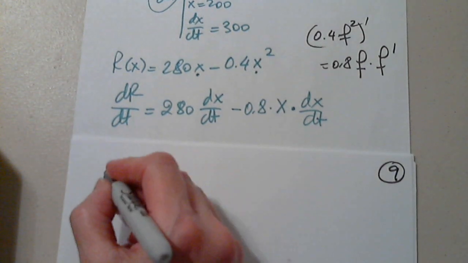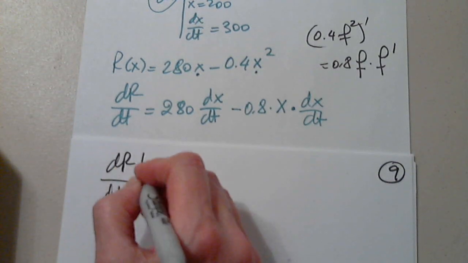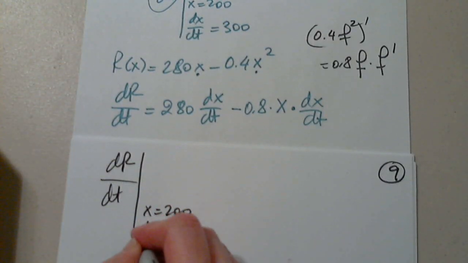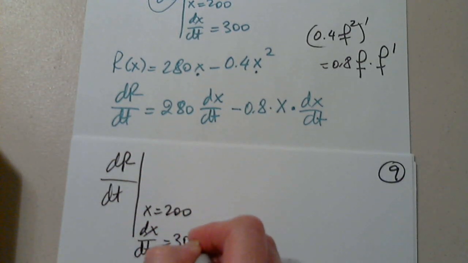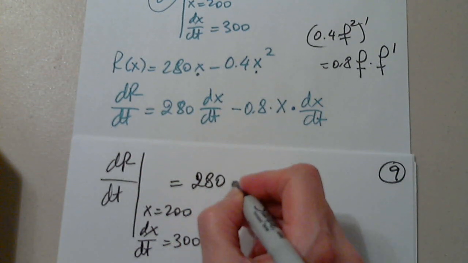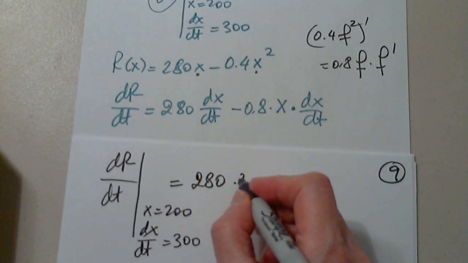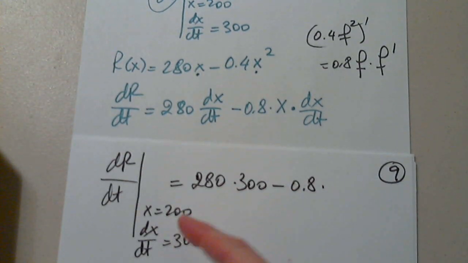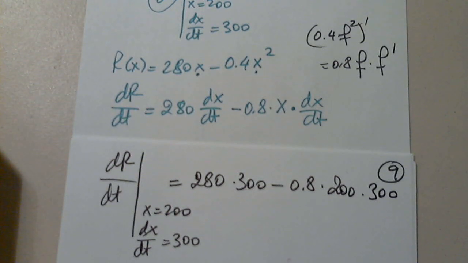Perfect. Thank you. So then dr over dt when x is 200 and dx over dt equals 300 units per day, then 280 times 300 minus 0.8 times x times 300. And I will do this with a calculator.